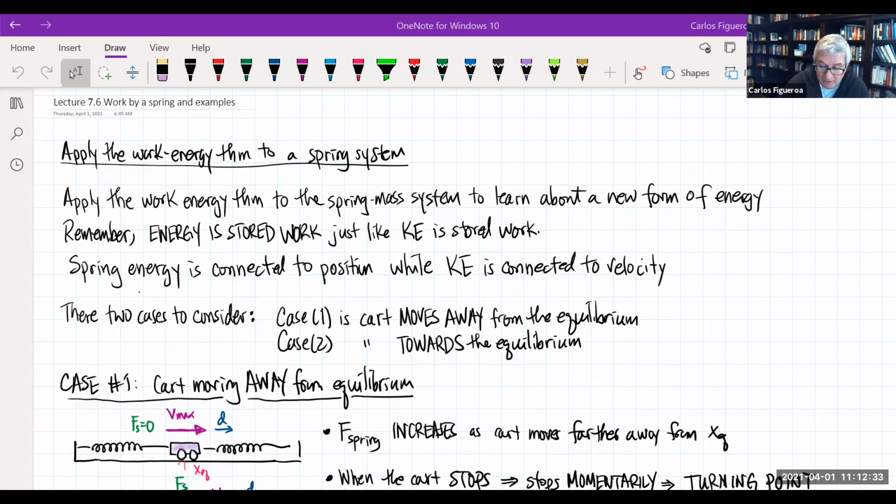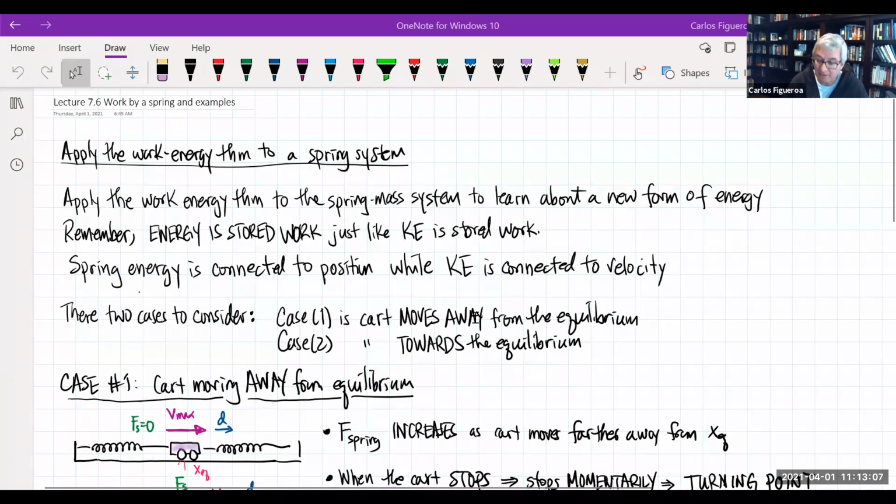We want to look at two cases: the cart that moves away from the equilibrium, and the cart that moves towards equilibrium. Those are two different situations. One is moving away from the equilibrium, so you're stretching the spring and doing negative work. And as you move towards equilibrium, you're speeding up and doing positive work.